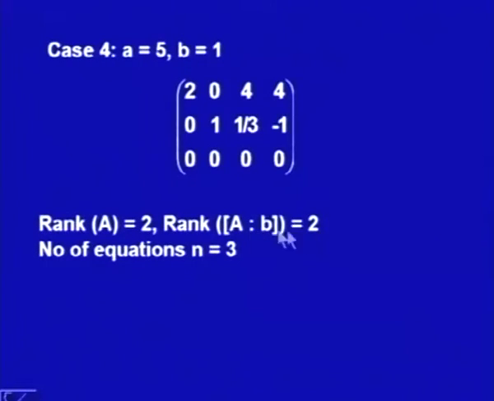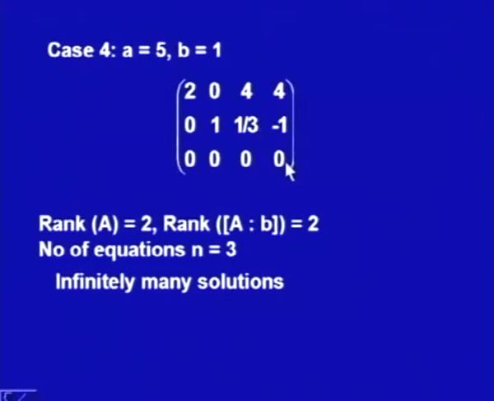That means this system may have a solution. It is not inconsistent, it is a consistent system, it will have a solution, but since the number of equations is 3 and rank of A is less than 3, a unique solution is not possible, and in fact this system will have infinitely many solutions. So, nullity is 1 here, rank is equal to 2.